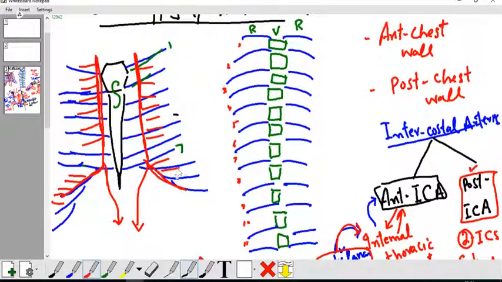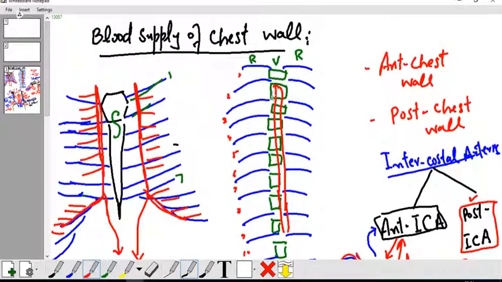The musculophrenic artery supplies the remaining anterior intercostal spaces. The aorta is present anterior to the vertebra, and the arch of the aorta is not above the sternal angle. The sternal angle is at the level of the second rib.